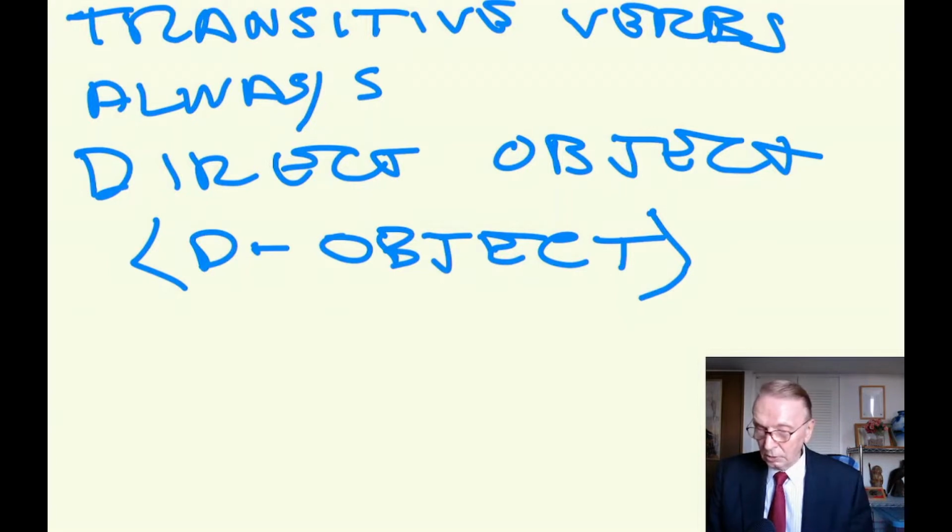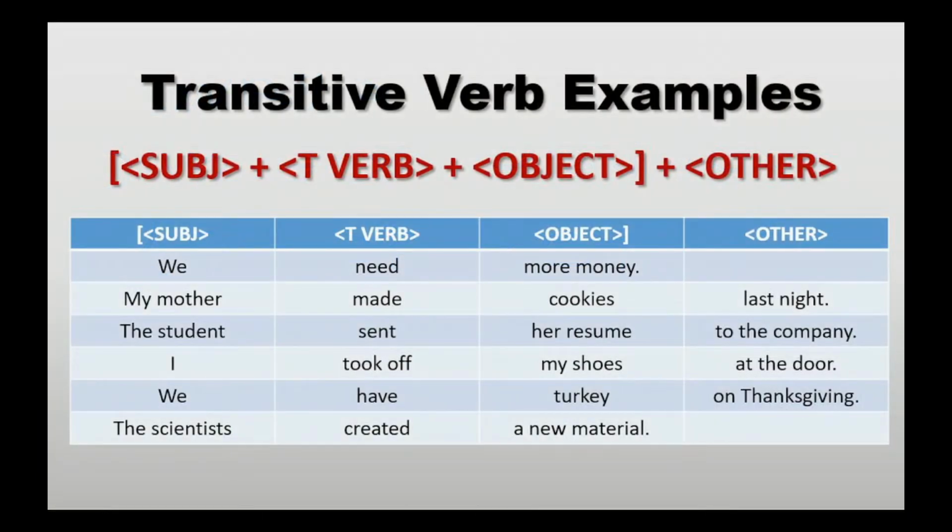Very important to remember. So why don't we look at a couple of examples of transitive verbs so we can get a feel of how we should use them. The transitive verb sentence consists of a subject, a transitive verb, an object, and other stuff. And that object, of course, is the direct object. Notice the grouping.